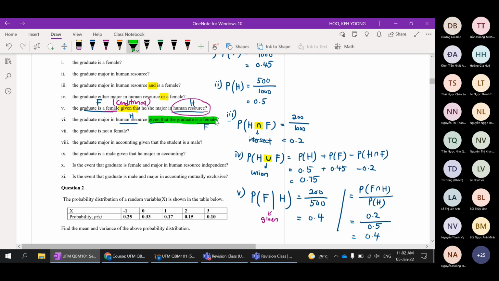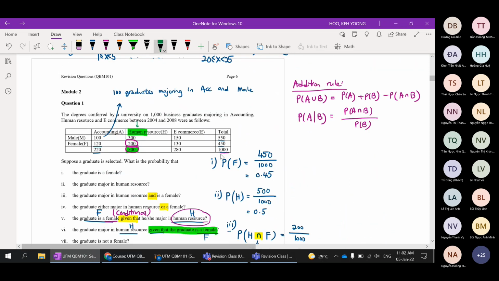So we will not look at the 1,000. We will look at those who are female. How many of them are there in total? 450. We only look at this 450 because we know the graduate is female. Given means it has already happened.